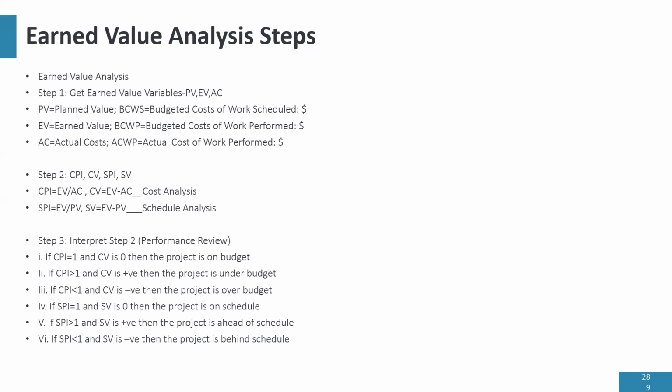So for you to perform earned value management, what do we need? We need a project. So I'm going to simulate a project very quickly. And what I need for a project is scope, time, and cost. So let me start with scope.